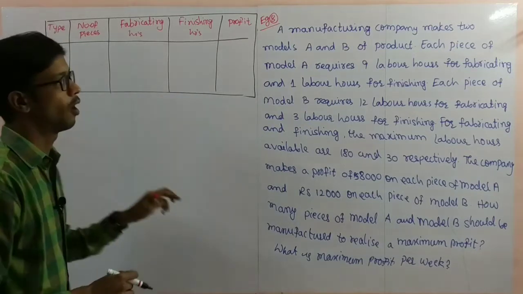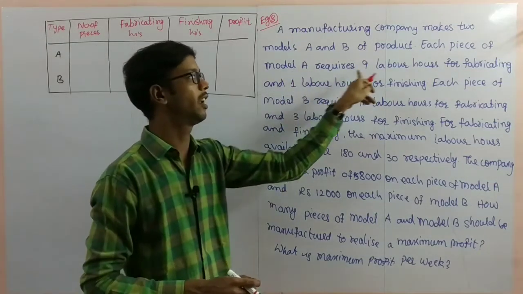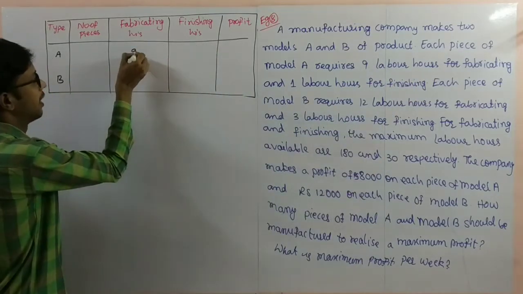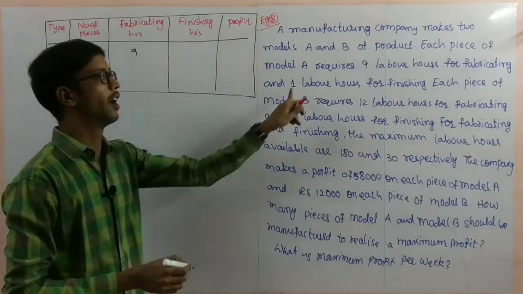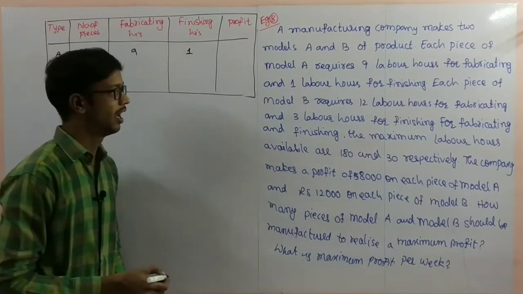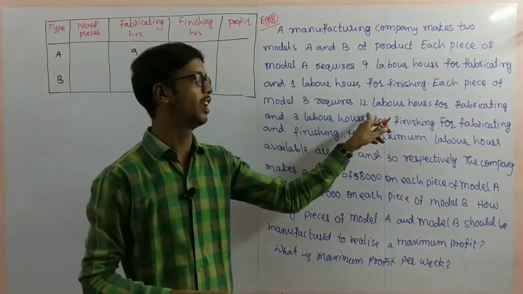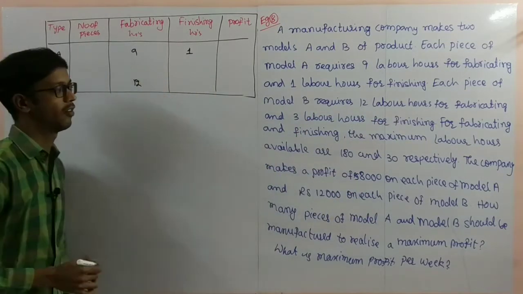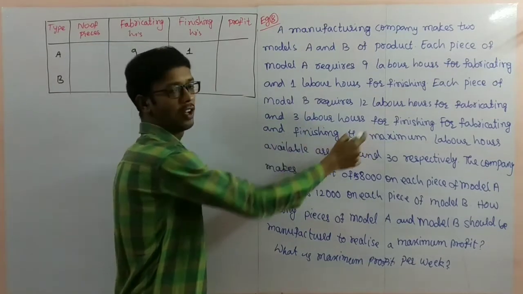Fabricating for product A: model A requires 9 labor hours for fabricating and 1 labor hour for finishing. Next, product B: 12 labor hours for fabricating and 3 labor hours for finishing.